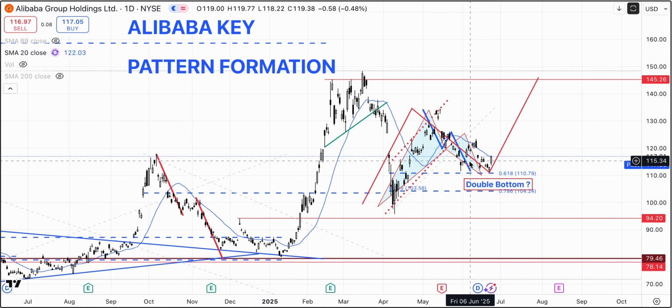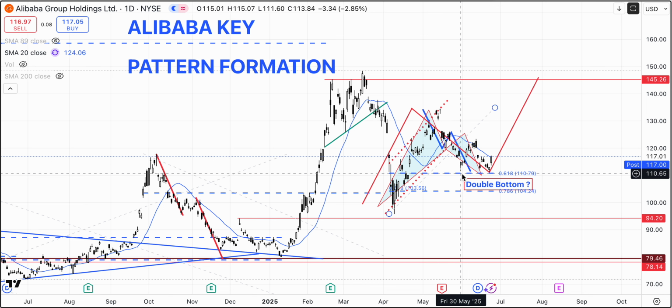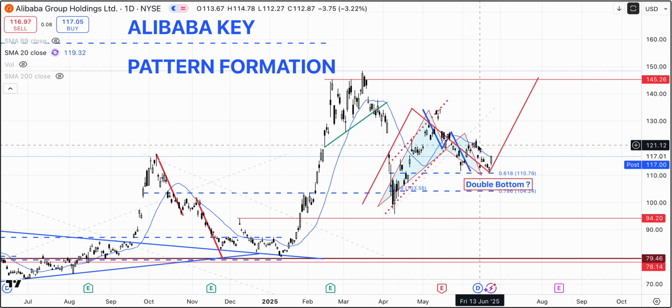A really powerful pattern formation in the shaded region. In fact, it had done this right here on the 30th of May as well, but the rally didn't go too far.